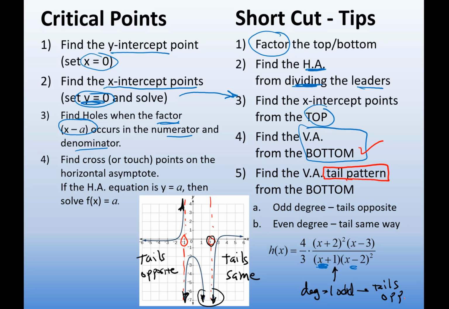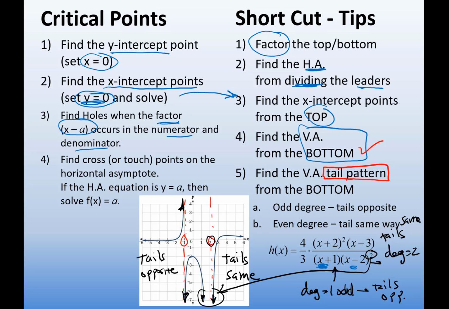This one is degree 2. So tails are the same. So because of that second power, both of these tails went down. Now sometimes you have a second power and both tails go up. And there's other things we're going to have to do to determine their direction, up or down. And that's going to be as simple as plugging in a number.